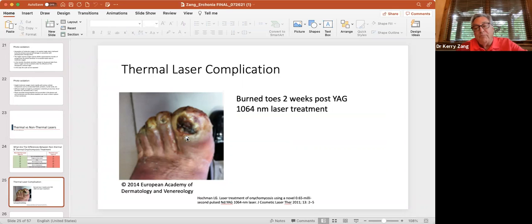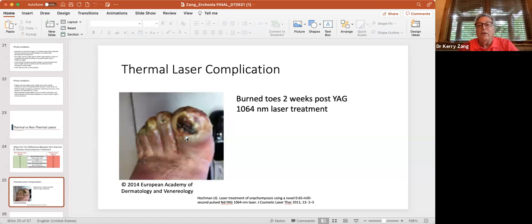I mean, the physician that did this did not check with the patient about medical comorbidities. This was a diabetic patient with vascular insufficiency, and they just, this is certainly one of the worst results that you can see.